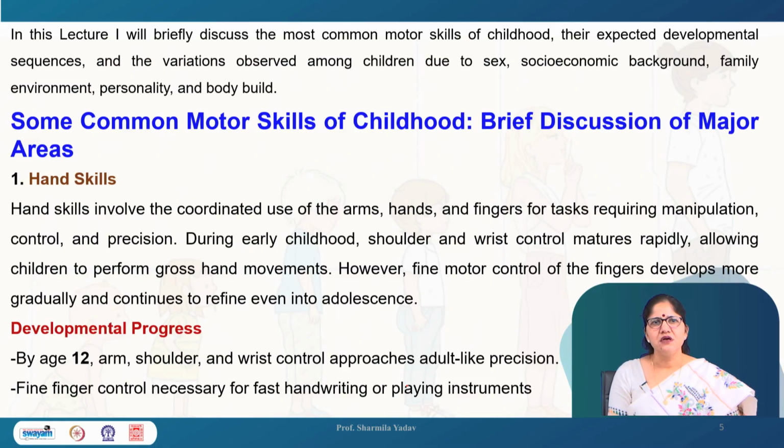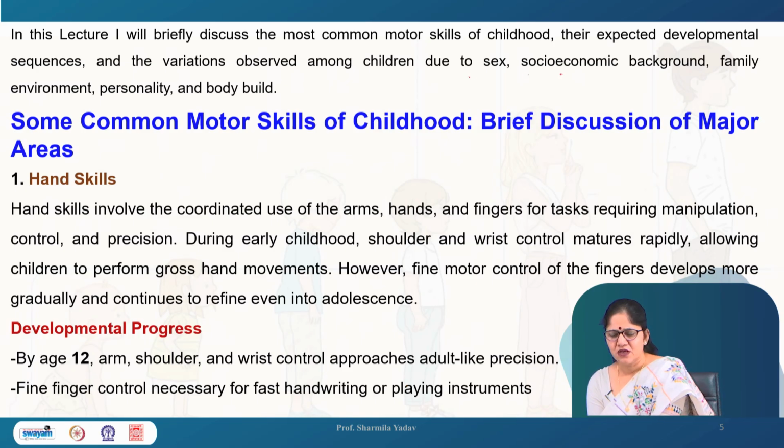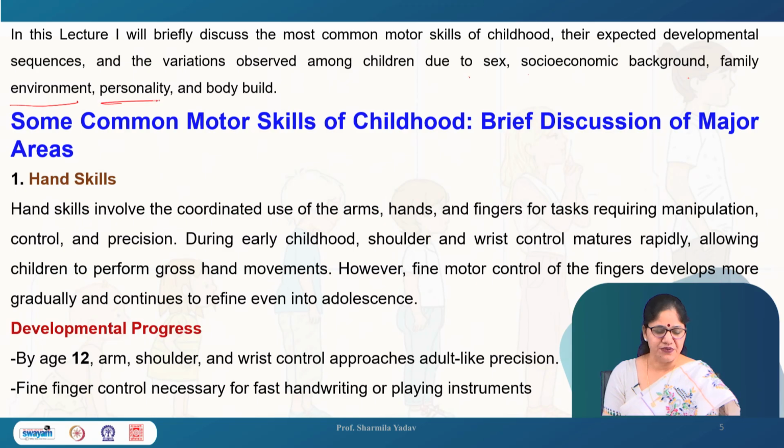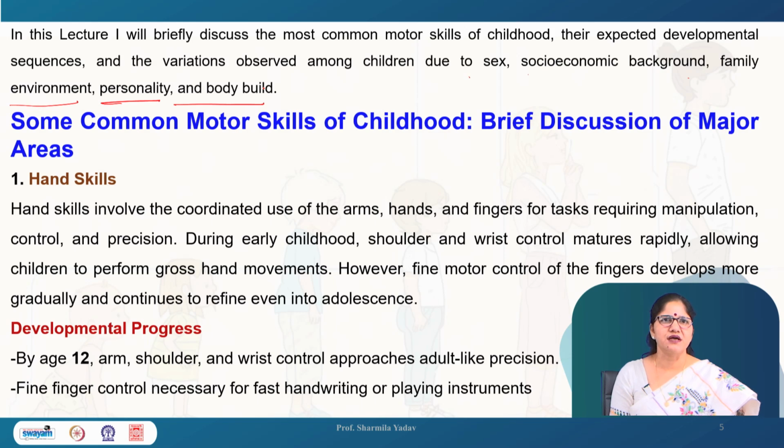In this lecture, I will briefly discuss the most common motor skills of childhood, their expected developmental sequences, and the variations observed among children that may be because of the sex, socio-economic background, family environment, their personality, and the individual body build. So, here are some common motor skills of childhood, and we will briefly discuss the major areas.